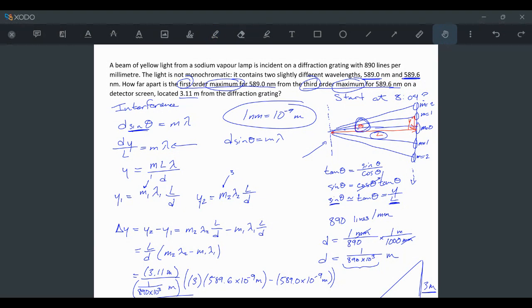I don't know if we can do it with that. What I was going to say is if we have this triangle, we have y and L, so we can figure out that tan theta is equal to y over L. From that, theta is equal to the arctan of y over L. You could take this whole thing and stuff it in there.